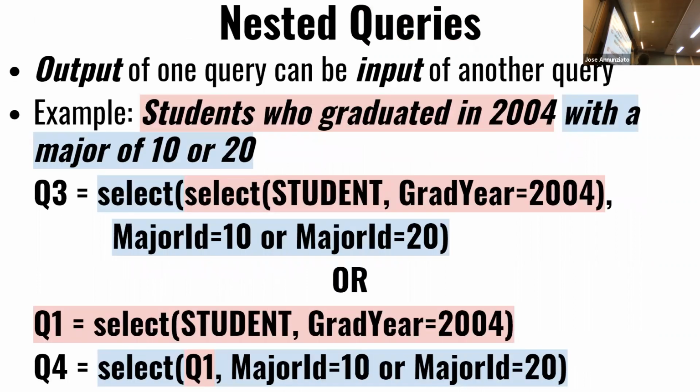Exactly. So here's the example where the output of first doing the select student graduation year 2004 becomes the input of an outer select statement where major ID is 10. Also notice the notation that we're following here, where we are assigning the output of a select query to a symbol, or a variable, Q1, Q2, Q3.